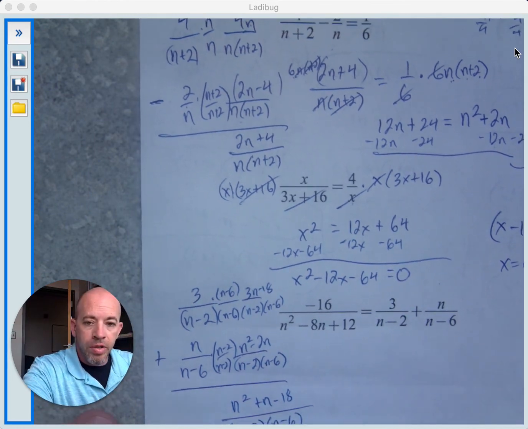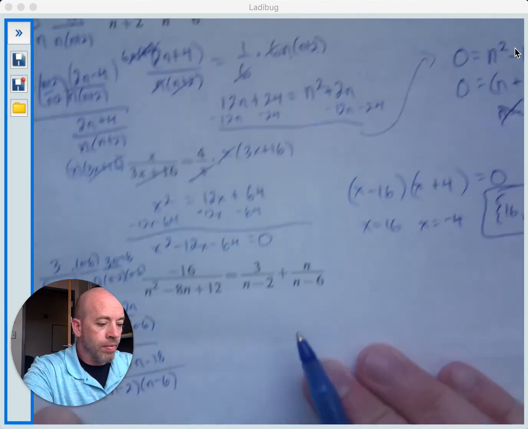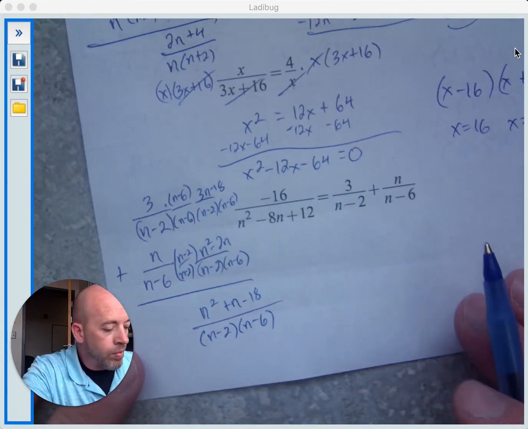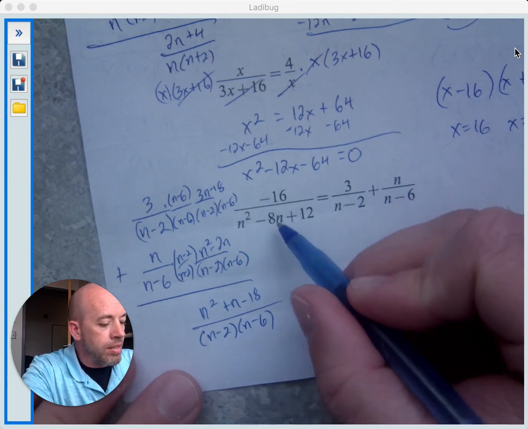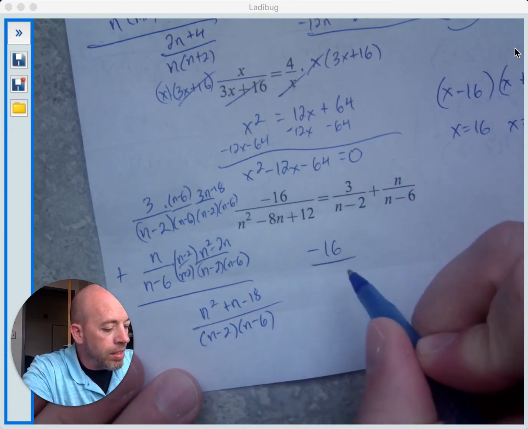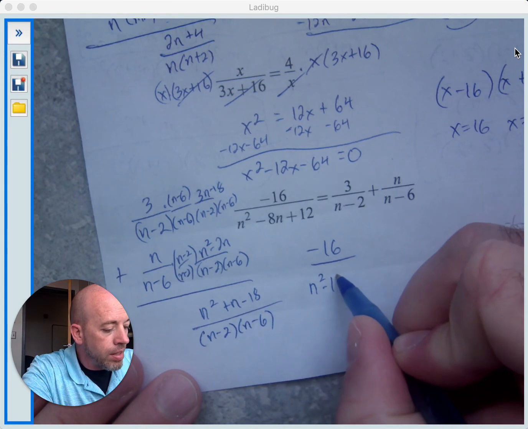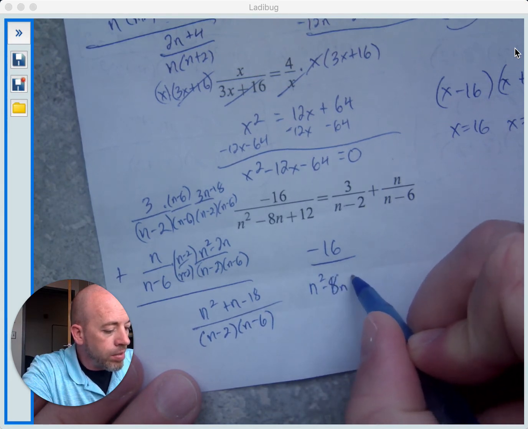Now, if we actually multiply that out, we could do that, but let's not do that yet. Let's rewrite this now. So we have negative 16 over n squared minus 8n plus 12.